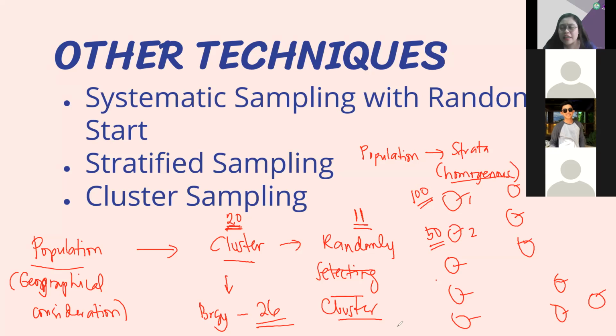Example lang, tatlo ka clusters ang na-compute nato from the Slovin's Formula. So mag-ano ka ngayon, example fishbowl method, tapos sa tatlo ang pagbunot nimo, you have chosen the San Isidro, the Kalumpang, and the Lagao.